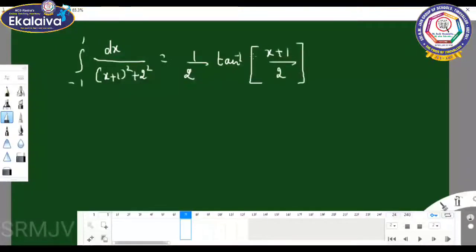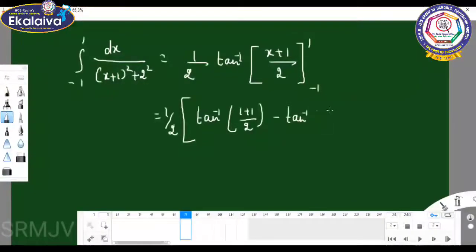So what is the limit? The limit is minus 1 to 1. So 1 by 2 into tan inverse of upper limit 1 plus 1 by 2, minus lower limit tan inverse of minus 1 plus 1 by 2.